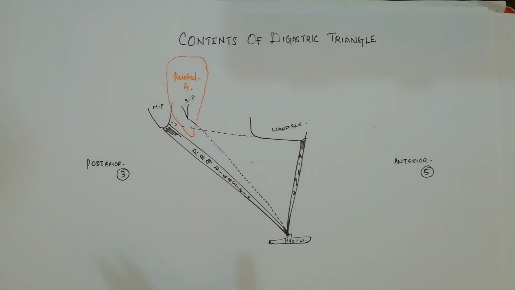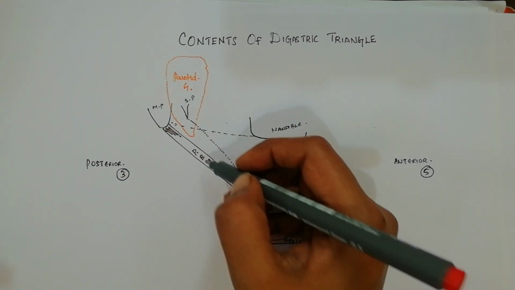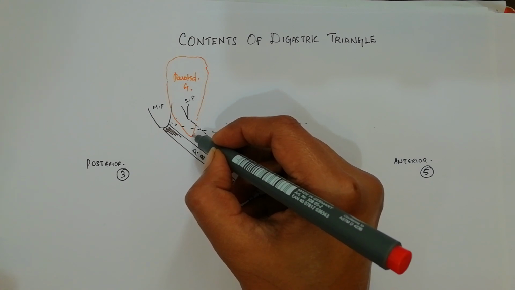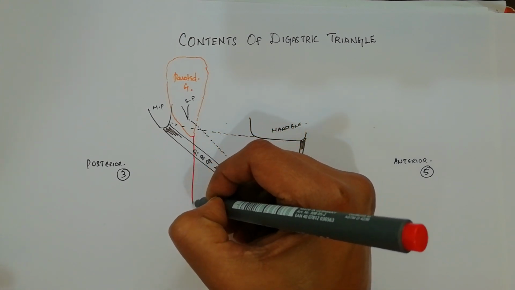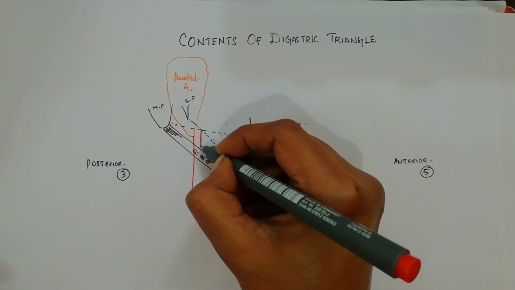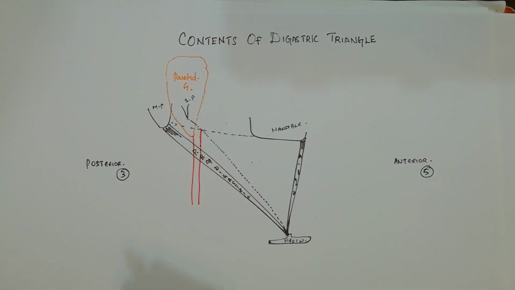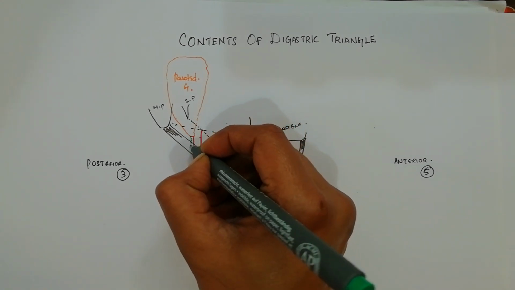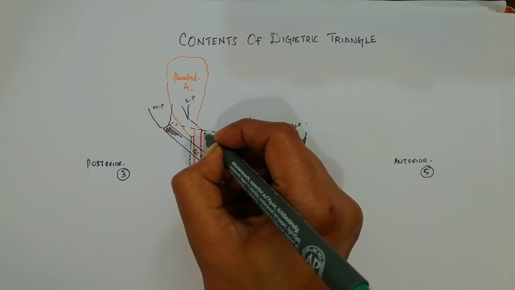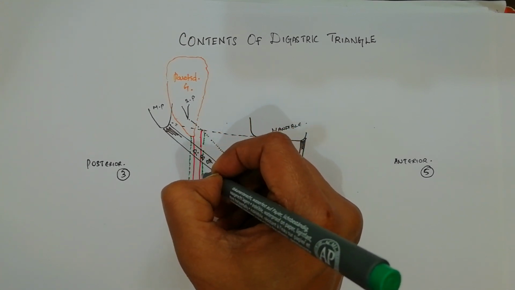Along with this, we have got an important artery coming over here. We have got our external carotid artery coming towards the digastric triangle. This external carotid artery is covered by a sheath called the carotid sheath. So that is also considered as a content seen over here.